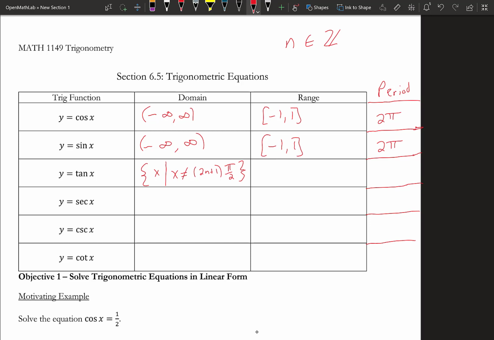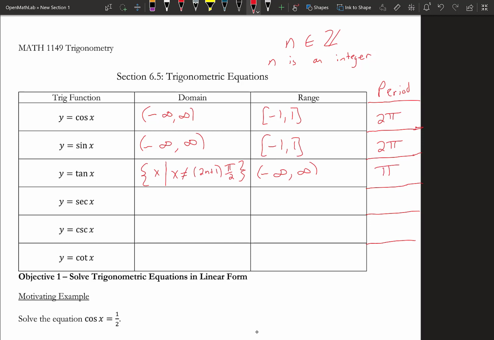You can use that notation, or if you're more comfortable, we can just say n is an integer. So then the range of tangent is all real numbers. And the period of tangent is pi, right?